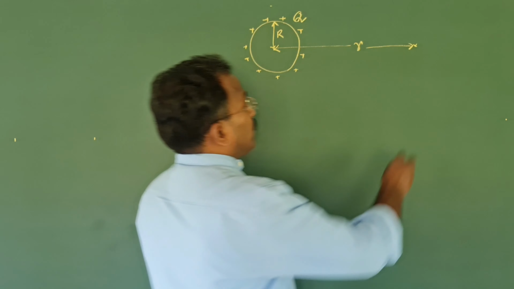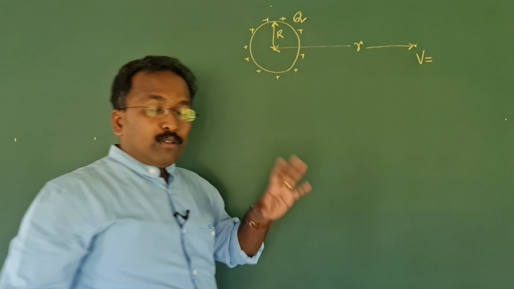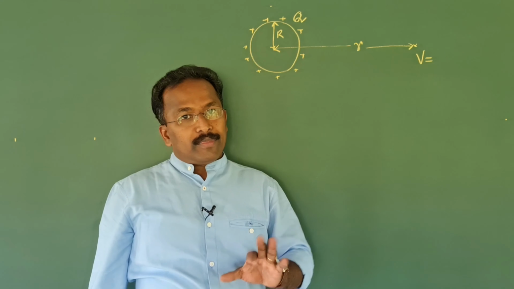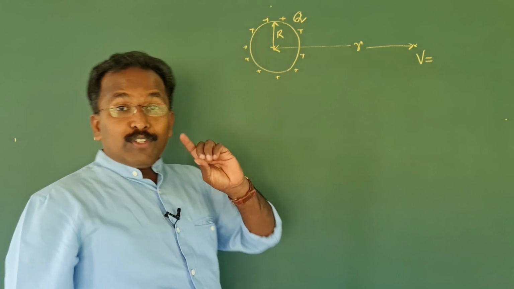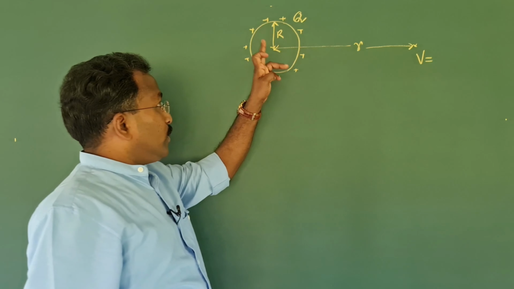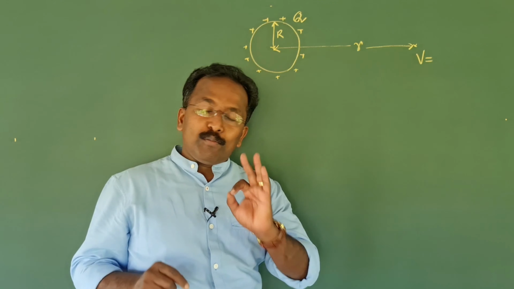And here the electric potential, we go for a calculation just as we have done for the point charge. So you may refresh the point charge calculation, and you also remember for all outside points the electric field produced by this charged shell is as good as that of a point charge.